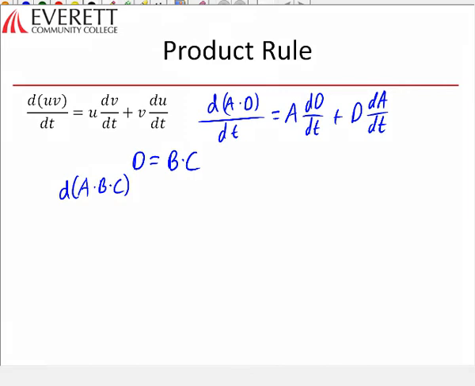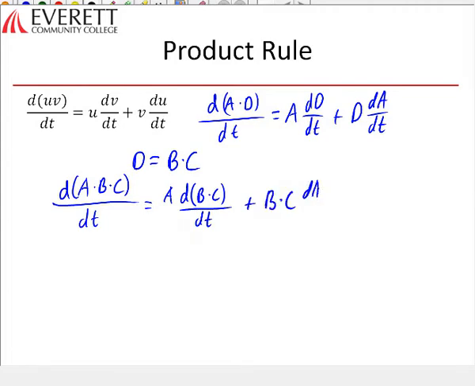So we have three different functions there. With respect to time, that is going to be equal to a times the derivative of, it was previously d, I'm going to plug in b times c here, with respect to time, plus d, which is now b times c, times dA/dt.